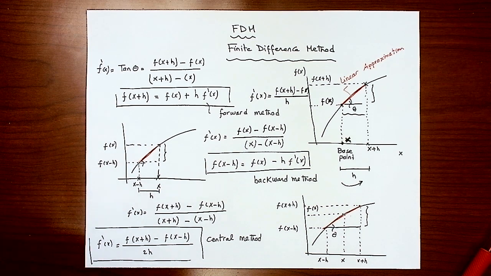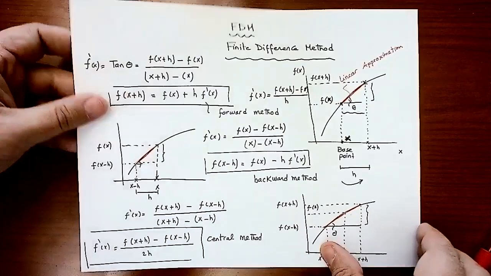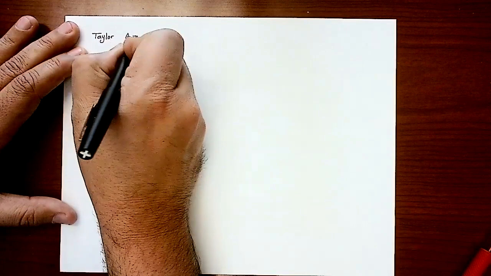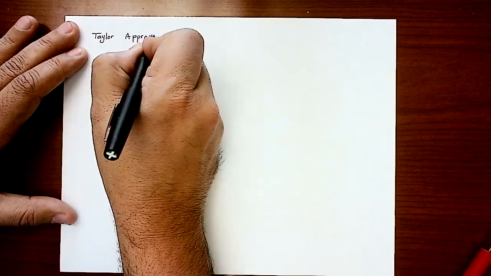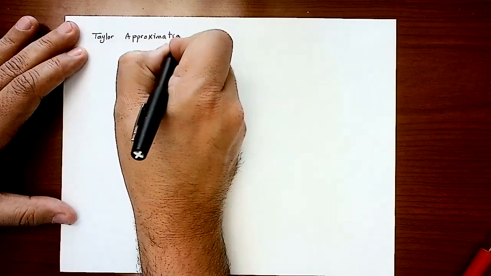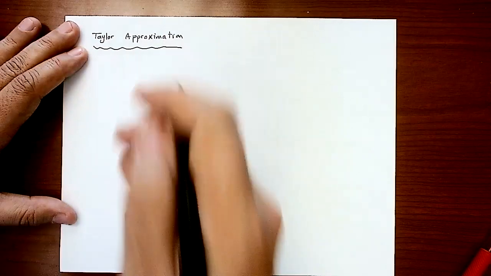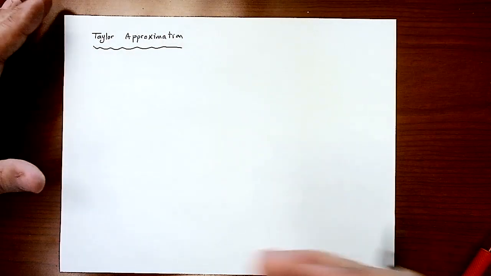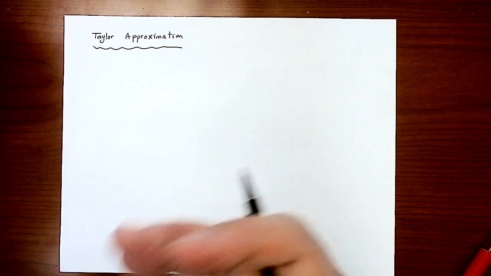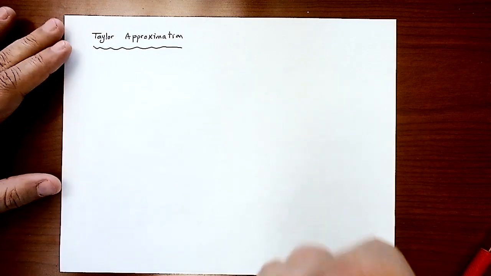So if you recall, the Taylor approximation is a formula we use to predict the value of a continuous function near a base point.